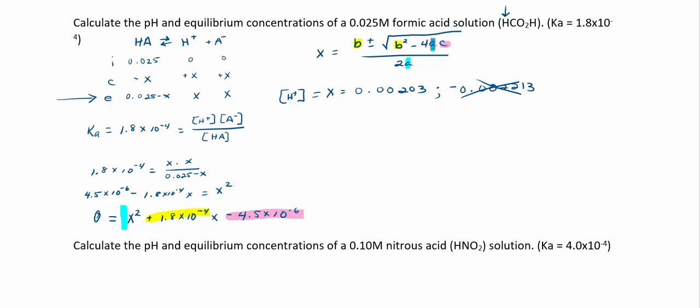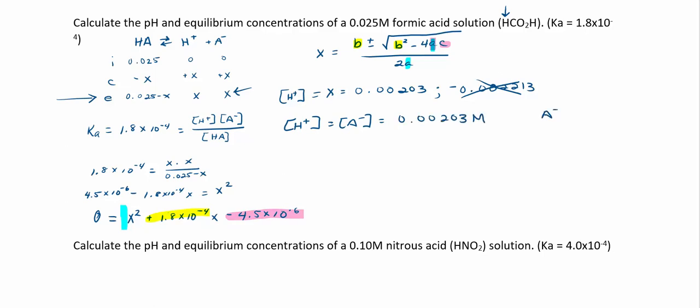And as I mentioned, that x value is equal to the concentration of my hydrogen ion as well as my conjugate base. Now, the question was looking for equilibrium concentrations as well as the pH. So the concentration of the hydrogen ion is going to be equal to the A-, which is also going to be 0.00203 molar.